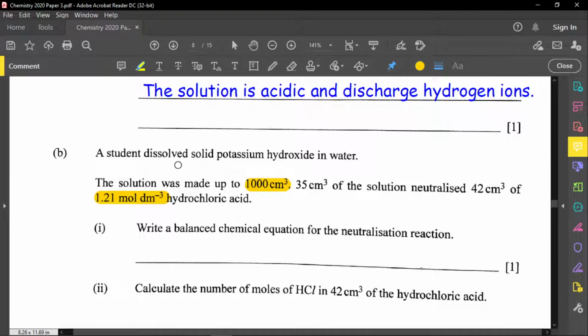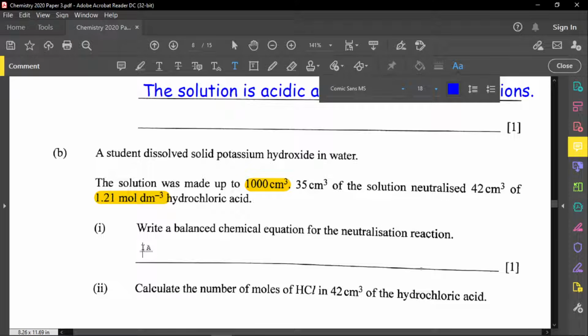So here we have potassium hydroxide, and hydrochloric acid. So this is hydrochloric acid right here, right? So both of them. I'm going to put them right here. We're going to have our potassium hydroxide, and that will react with the hydrochloric acid, which is a 1.21 molar concentration.